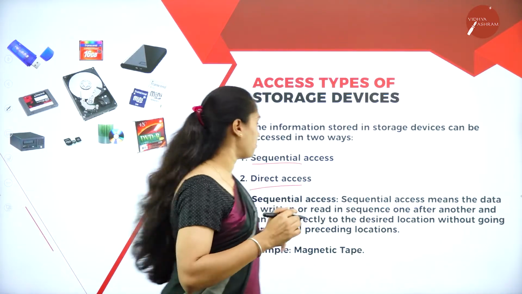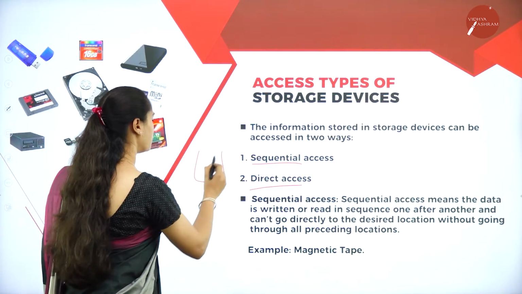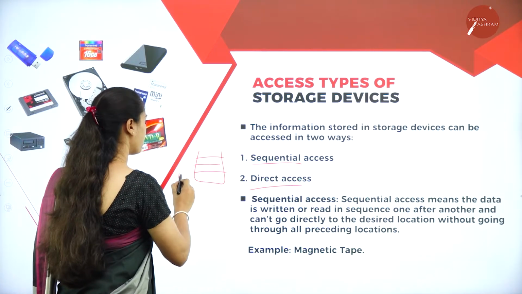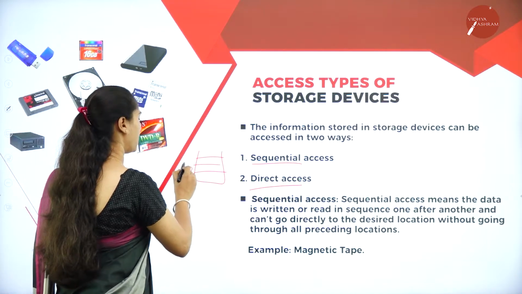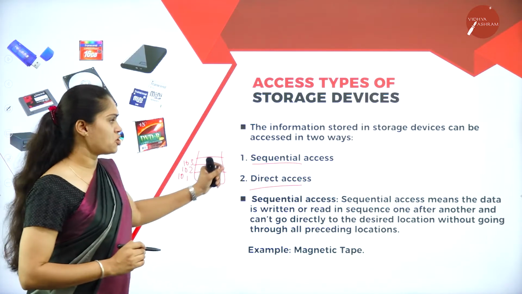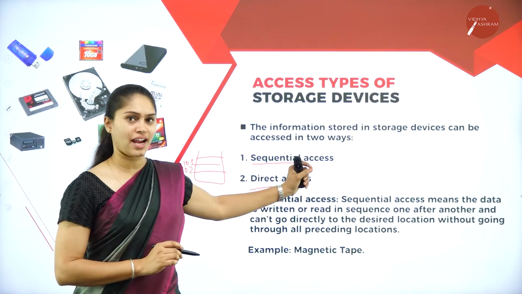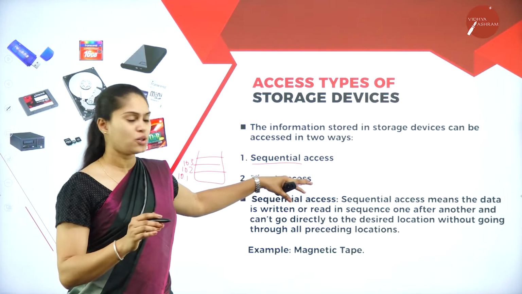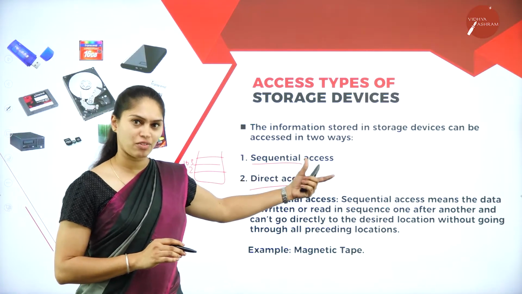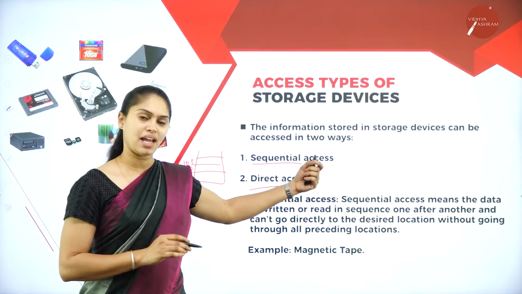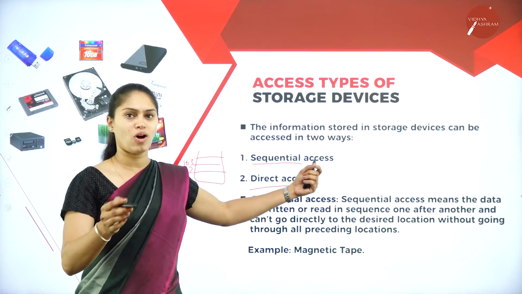Okay, so for example, here I have a memory block and each memory block has its unique address, right? When it comes to sequential access, for the data and information which I want to access using the sequential access method, it will reach one block at a time.